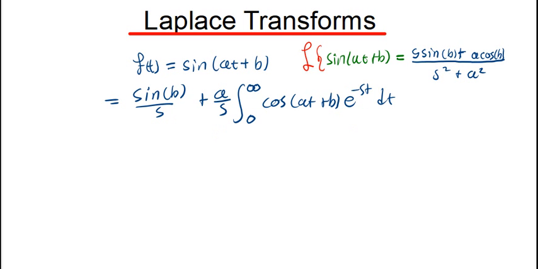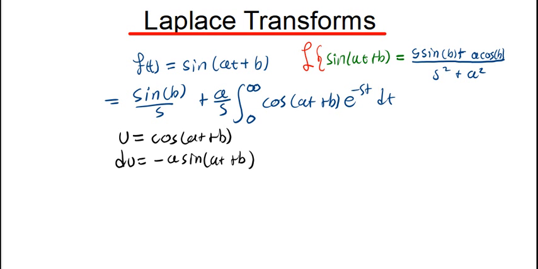So I'll let my u be equal to the trig function, cos at plus b, meaning my du is equal to minus a sine at plus b dt. Then my dv is equal to e to the minus st dt, then my v is equal to minus e to the minus st divided by s.